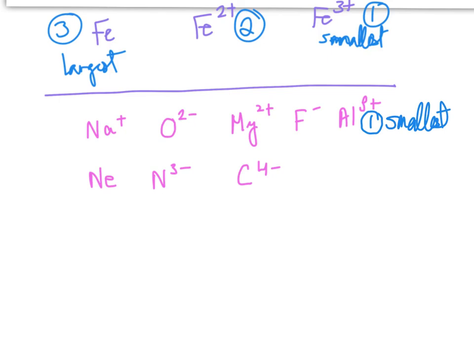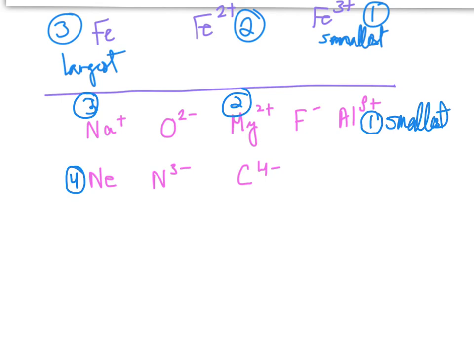Followed by magnesium. So aluminum has 13 protons, magnesium has 12. Followed by sodium. It has 11 protons. Followed by neon, 10 protons.